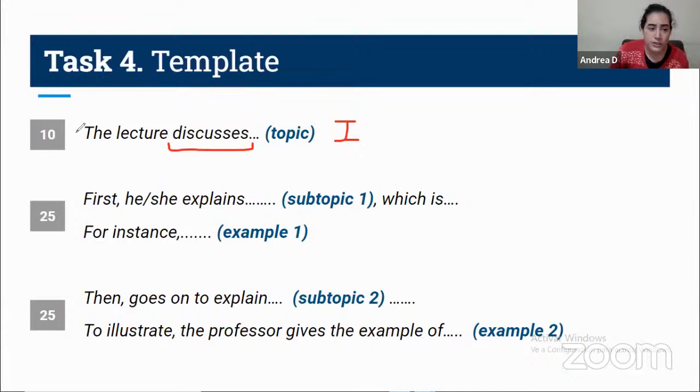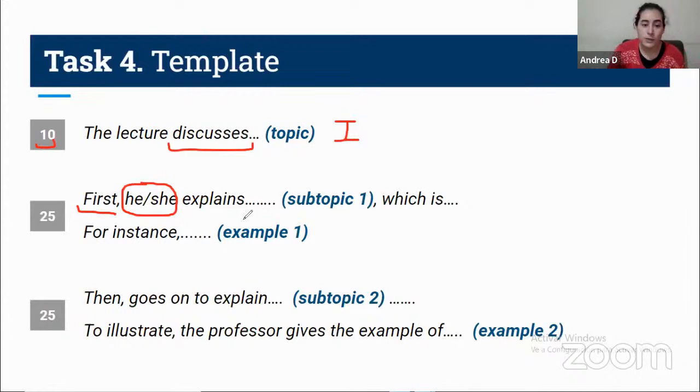After we're done with the intro, when 10 seconds are over, you can start with the first subtopic. You're just going to use some transitions. You're going to say first for the first subtopic. This is another thing, by the way: be careful with the pronouns. In this case, it was a female professor, right? So it's she, and I'm going to say she.